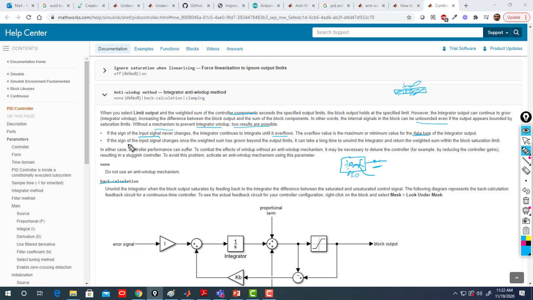If the sign of the change, as I told you, once the weighted sum has grown beyond the output limit, then changes down.